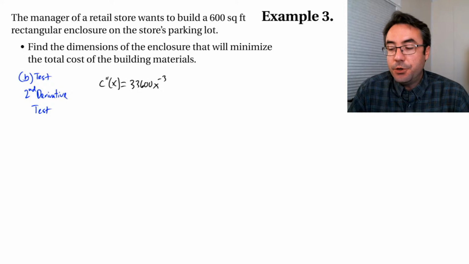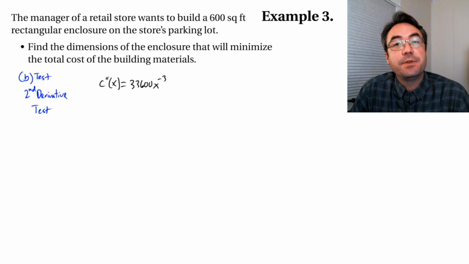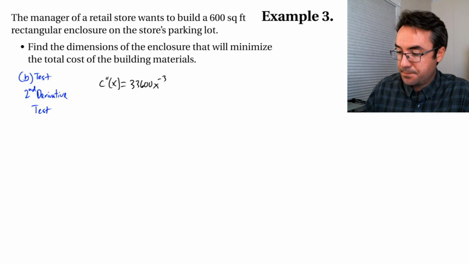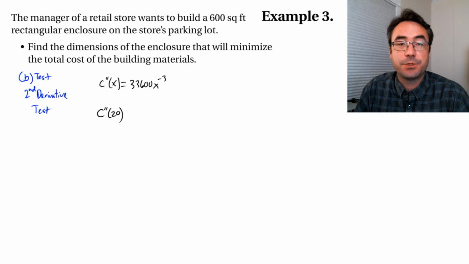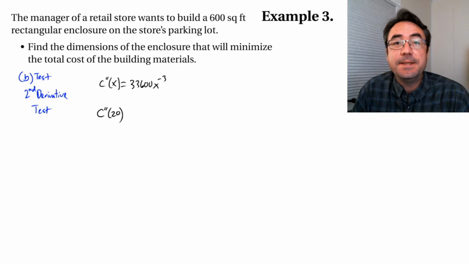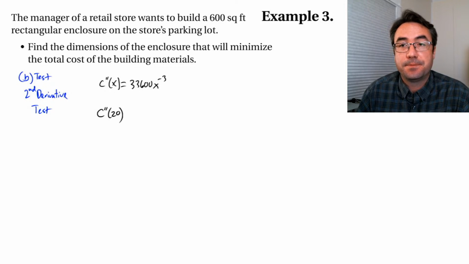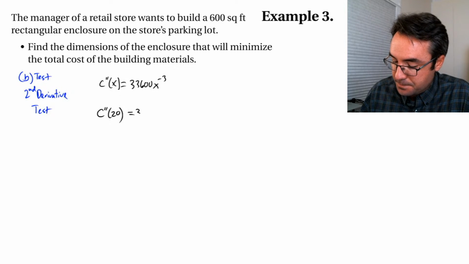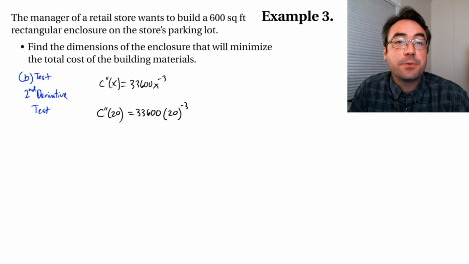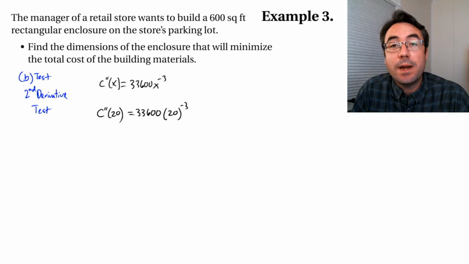And what we're going to do is we're going to just evaluate our second derivative at our critical number. So we're going to take our critical number, which was 20. We're going to plug it into that second derivative. And we end up with 33,600 times 20 raised to the power negative 3.